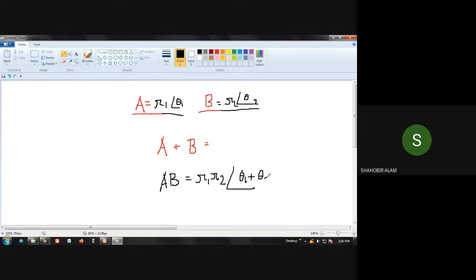Okay. Who can tell me A by B? How much is it? Sir, R1 by R2, angle theta 1 minus theta 2. Very good.